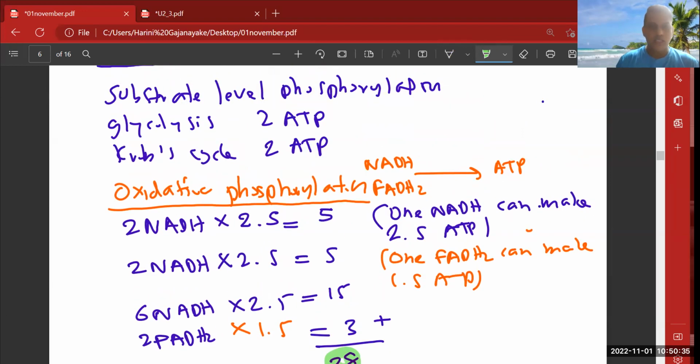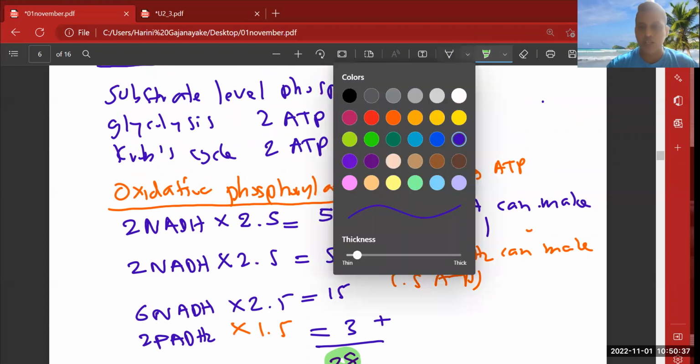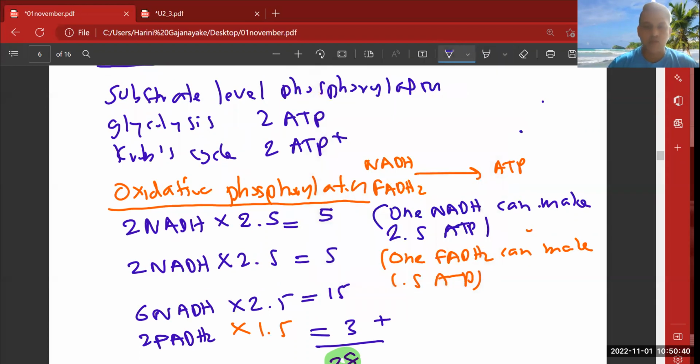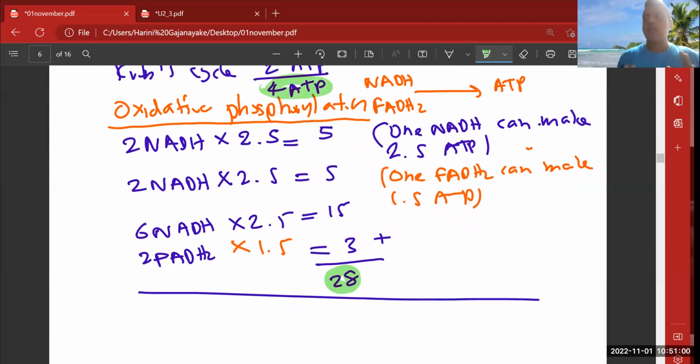And for substrate level phosphorylation, the total number is 4. We need to remember substrate level 4, oxidative phosphorylation 28. In case, we had better know the ATP production from the Krebs cycle too.